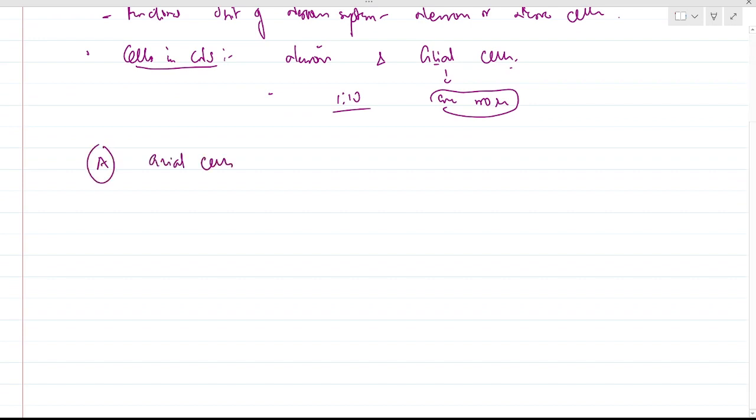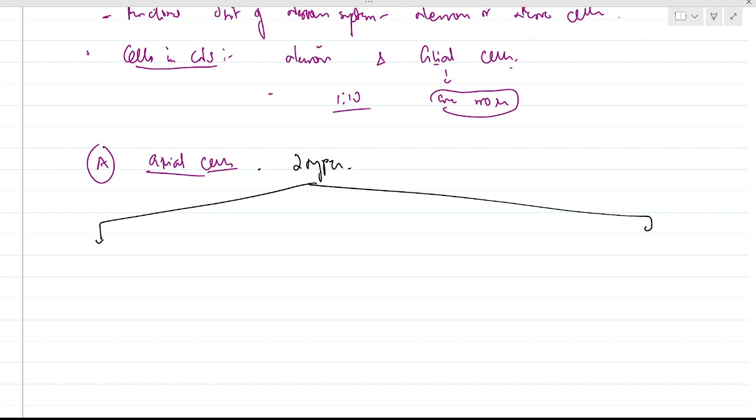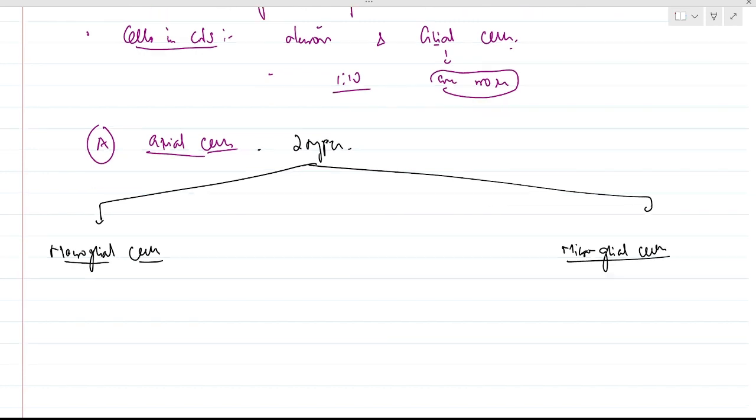We have two types of glial cells. First is the bigger glial cells, macroglial cells, and the other one is the microglial cells, the smaller ones. Bigger ones are macro, smaller ones are micro.